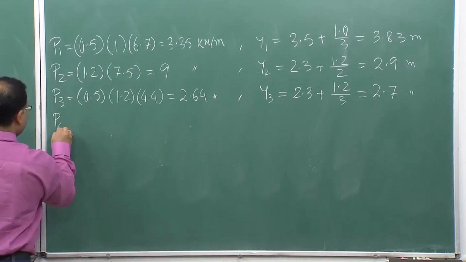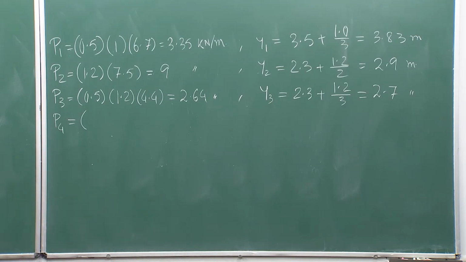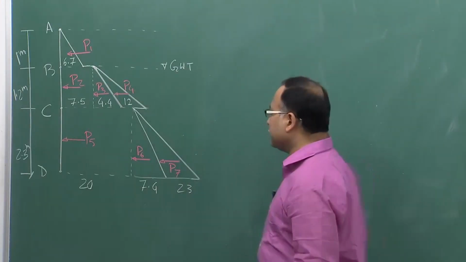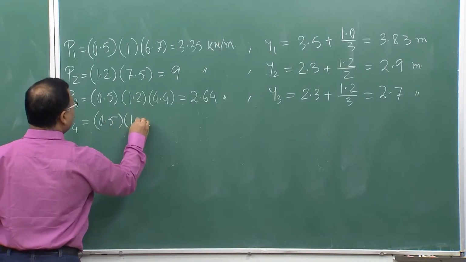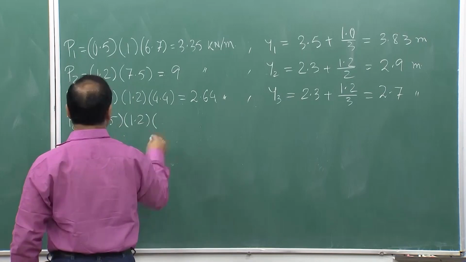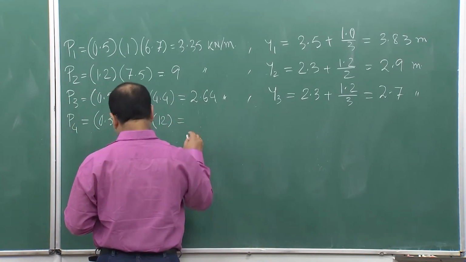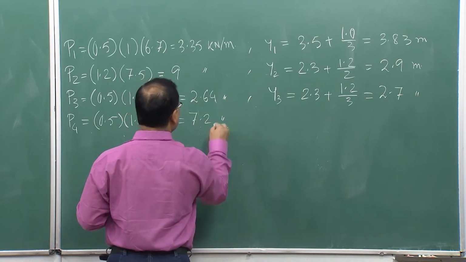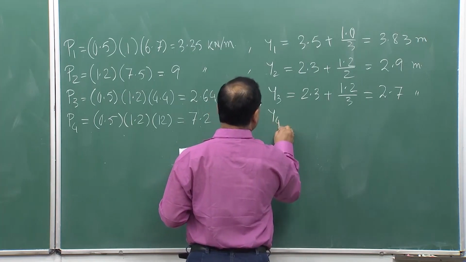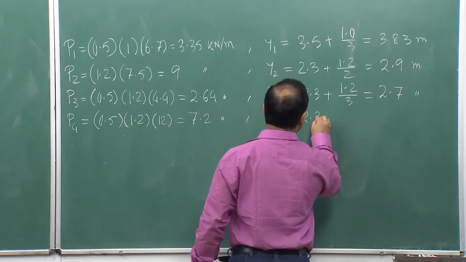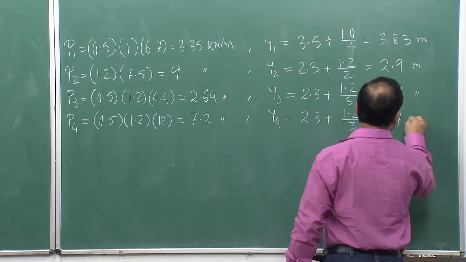Similarly, I can calculate P4. P4 is due to the water, again a triangular distribution. So, I can write 0.5 into 1.2 into base 12. That gives me 7.2 kilonewton per meter run, and Y4 is the same, 2.3 plus 1.2 by 3, which is 2.7 meter.